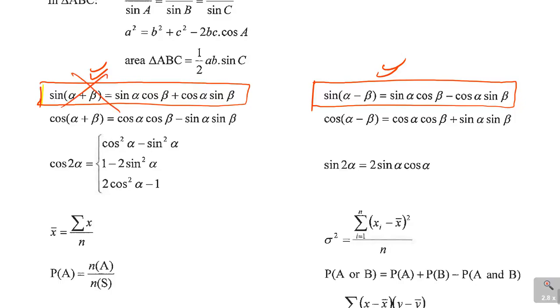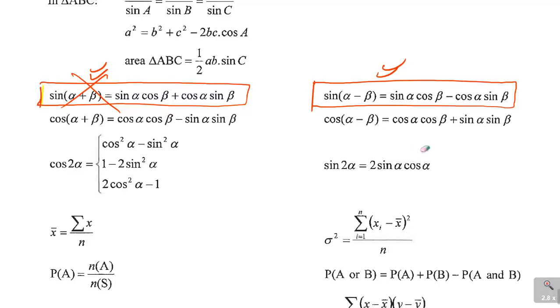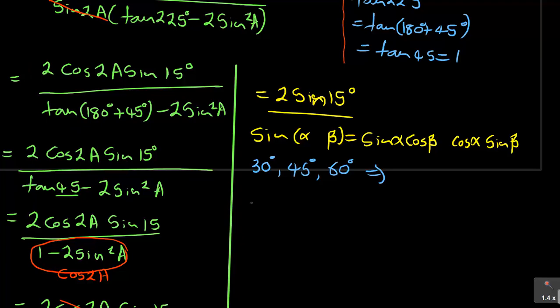Let me use the minus one. So if I now subtract, instead of the positive, let me use the negative one, and also the sign changes. Now look at the negative one, it's still sine alpha cos beta and cos alpha sine beta, but the only difference is the negative sign. So here I'm now having the minus, and then I'm having the minus there.